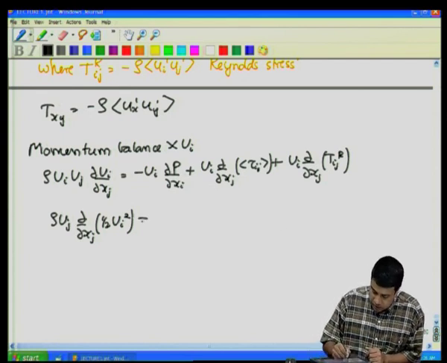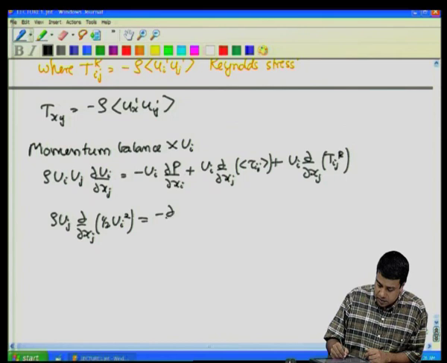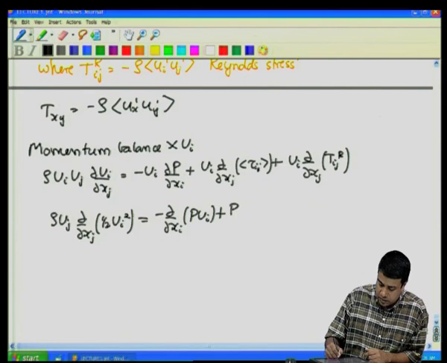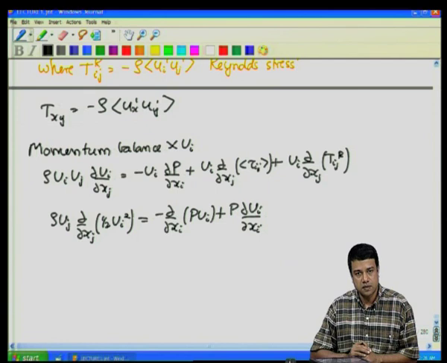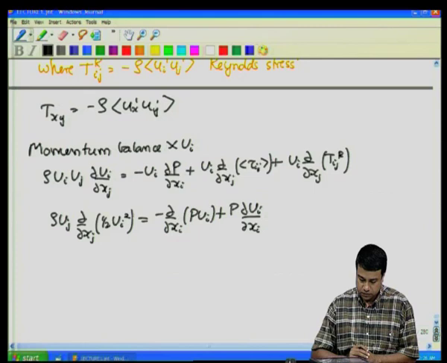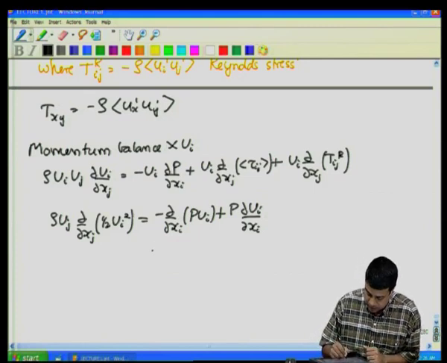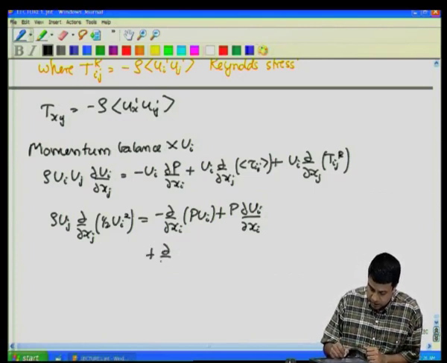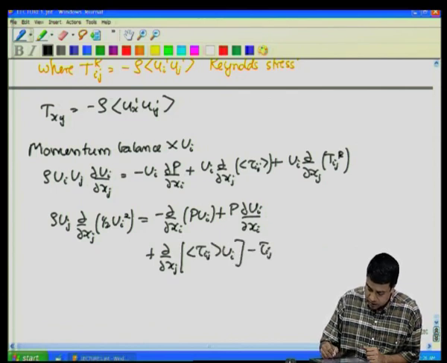The pressure term can be written as minus partial by partial xi of p ui plus p partial ui by partial xi, just by using integration by parts. The second term is plus partial by partial xj of tau ij ui, minus tau ij partial ui by partial xj.